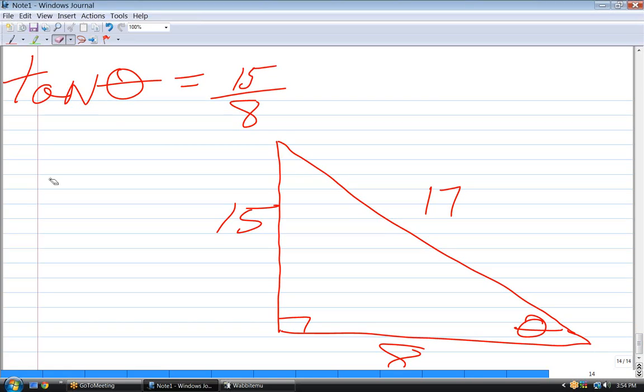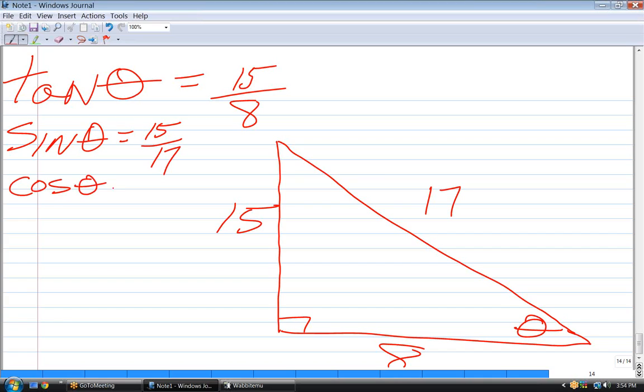So now, what is sine theta? Sine of theta would be 15 over 17. Cosine of theta? 8 over 17. Cotangent of theta? 8 over 15.